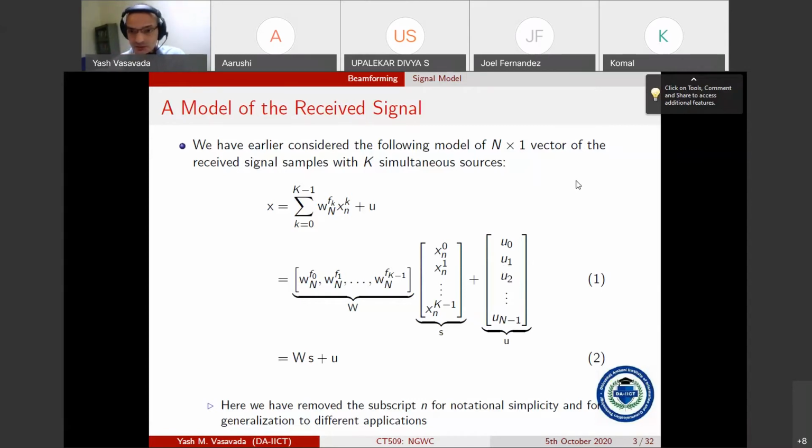Nidhi, what do you think? 8 cross 1. Okay, Nidhi thinks 8 cross 1. Radhika, what do you think? Radhika, unmute yourself.